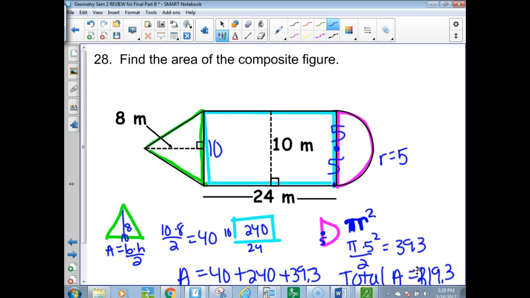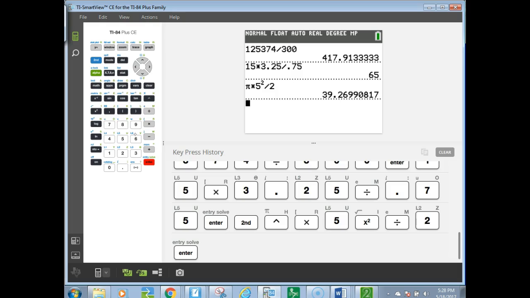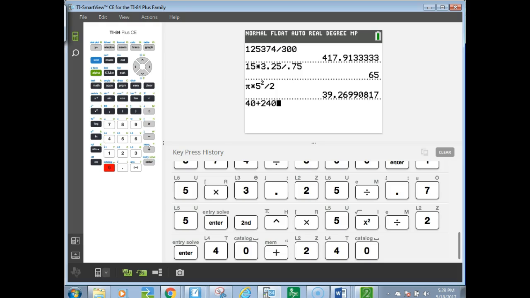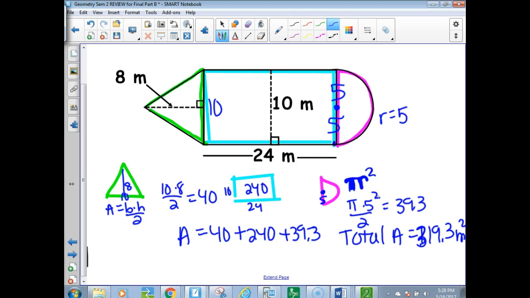I'll double check that on my calculator. And I know that's in square meters. So 40 plus 240 plus 39.3 is 319.3.